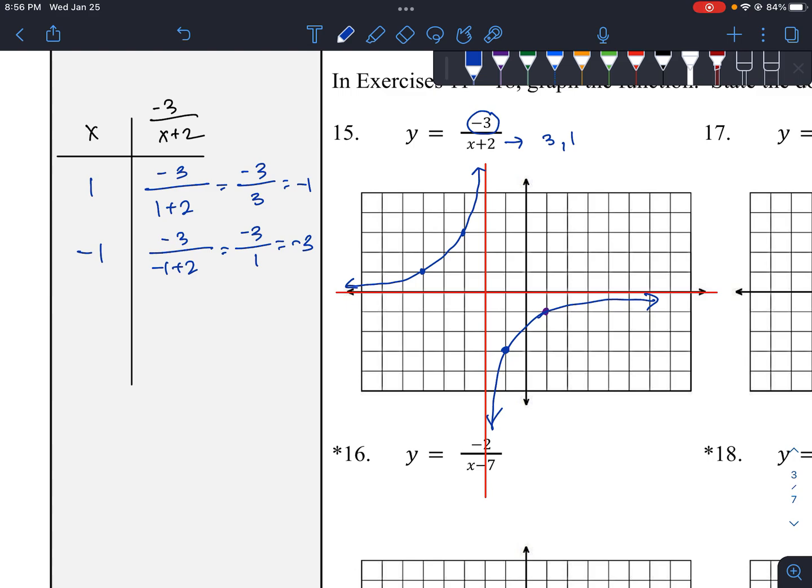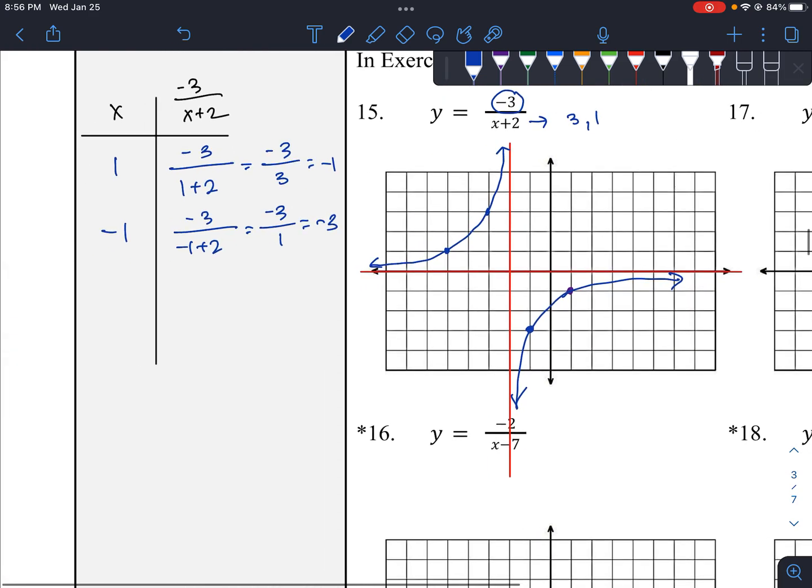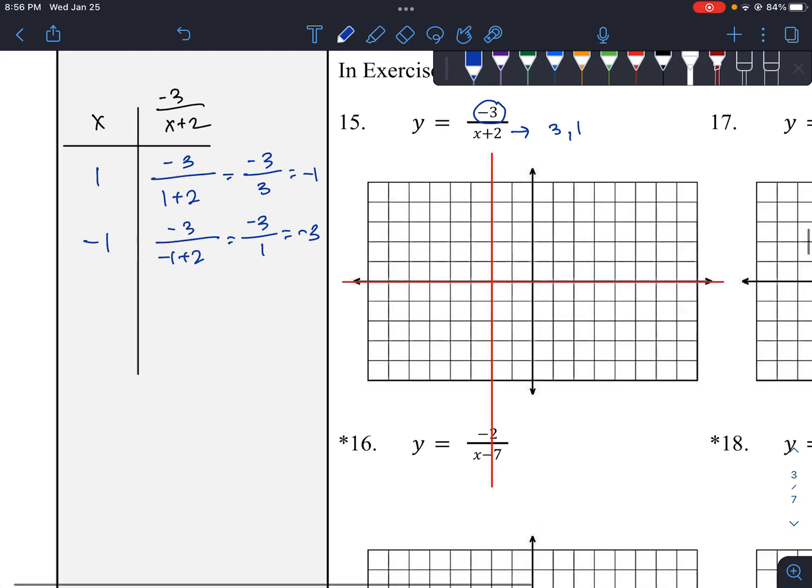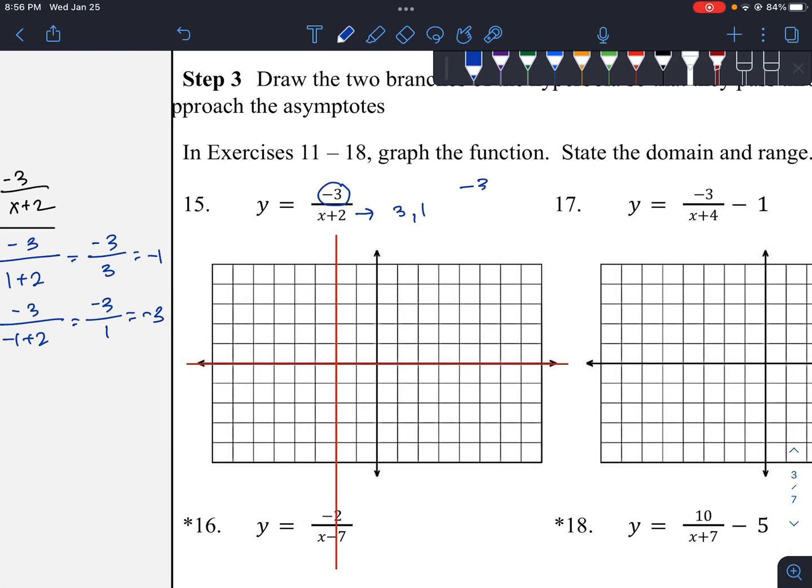Now, I'm going to backtrack a little bit and show you another way that you could go about this if you don't want to plug in points and potentially make any errors. So after making this shift left 2, you could use the negative 3 over x function to help you.